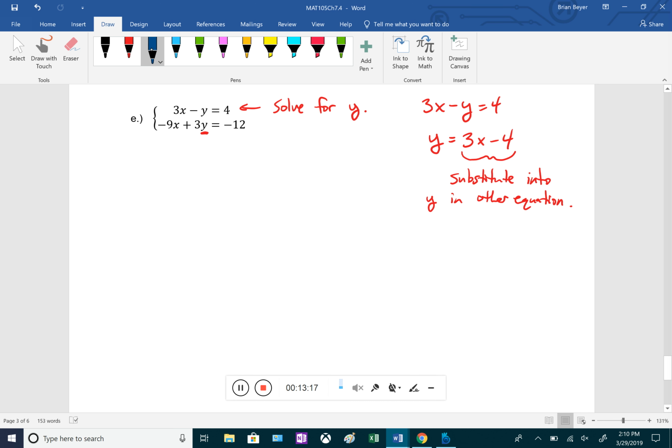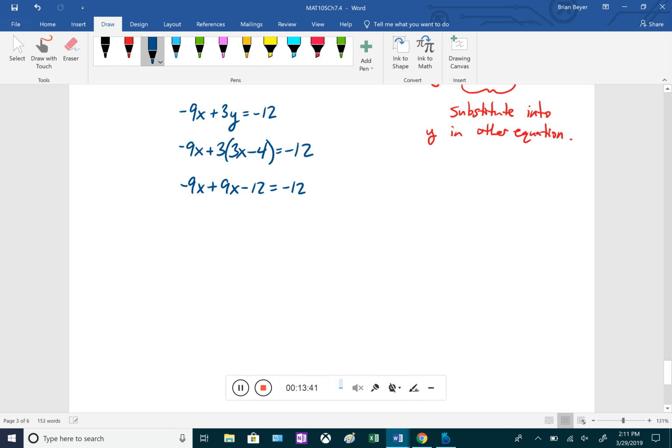So with the other equation, we have -9x plus 3y equals -12. Plugging in for that y expression in terms of x, it's going to be 3 times 3x minus 4 in parentheses equals -12. Then we solve this for x. We have to distribute that 3, so we're going to get 9x minus 12 equals -12.